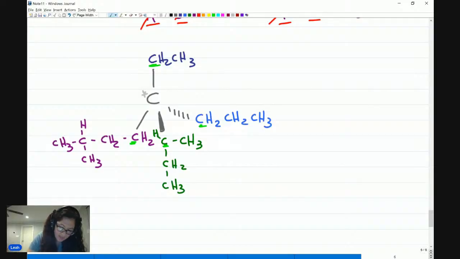I have to cancel it out and say, if you are all exactly the same, what is the first point of difference? So I look at the highest priority on that carbon, meaning what is the next, that first step that's different. So at the dark blue substituent, directly attached to carbon, I have a carbon. Directly attached to carbon, I have a carbon.